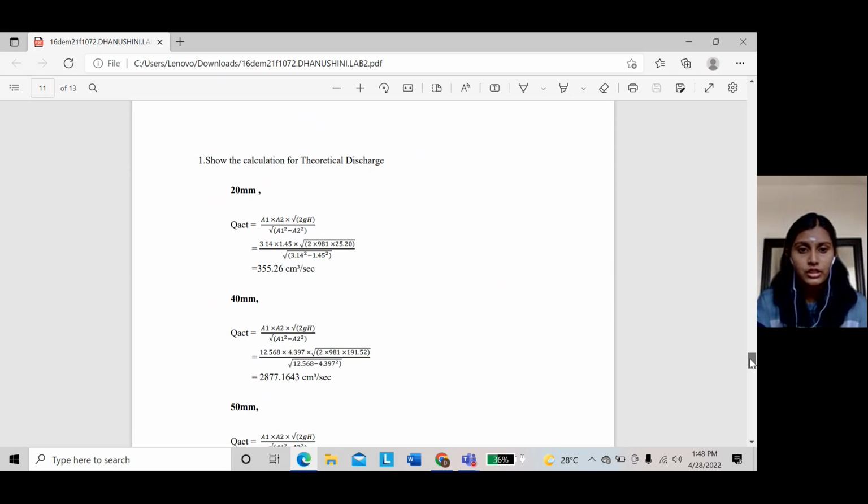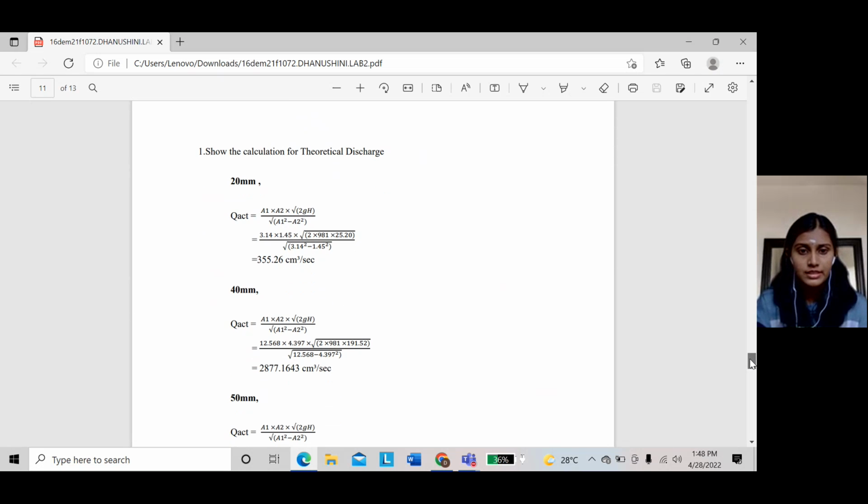The calculation of theoretical discharge for 20 mm is the same as I did: area 1 times area 2 times the square root of 2 times gravity times head loss, divided by the square root of area 1 squared minus area 2 squared.